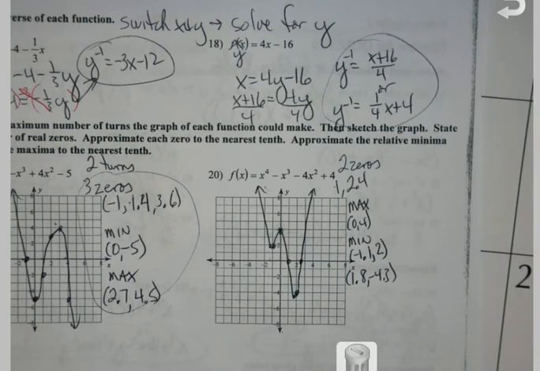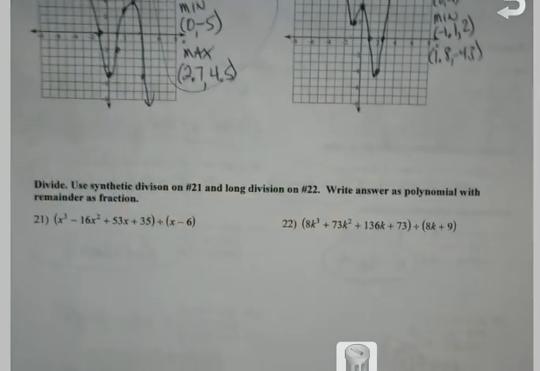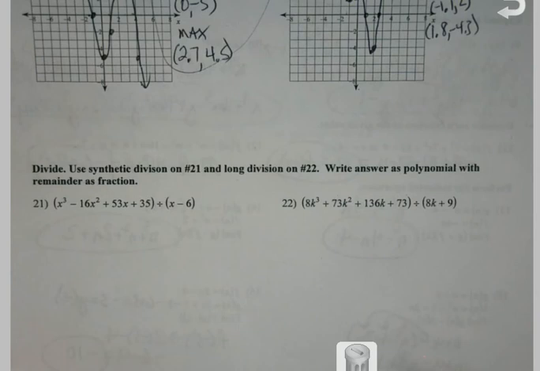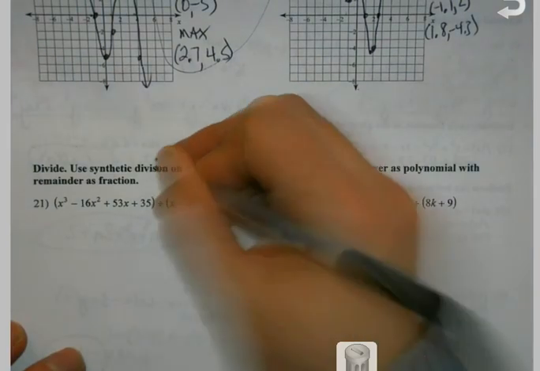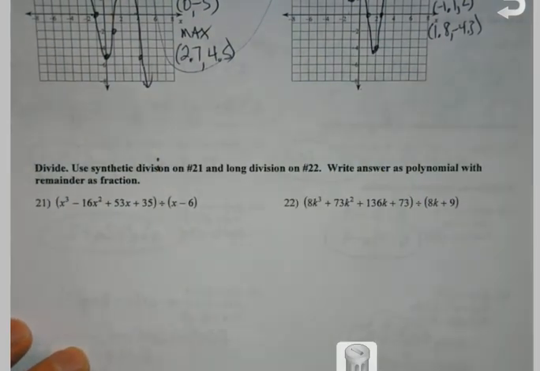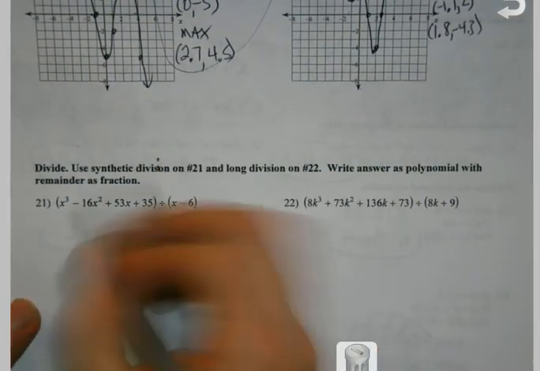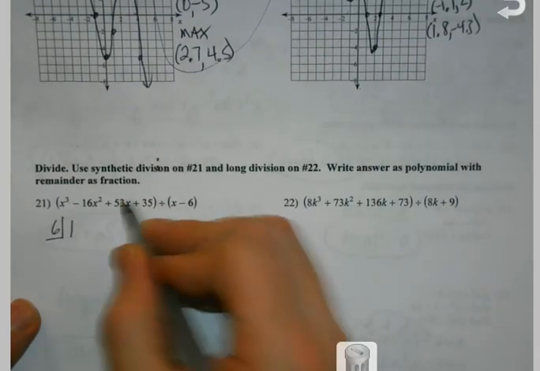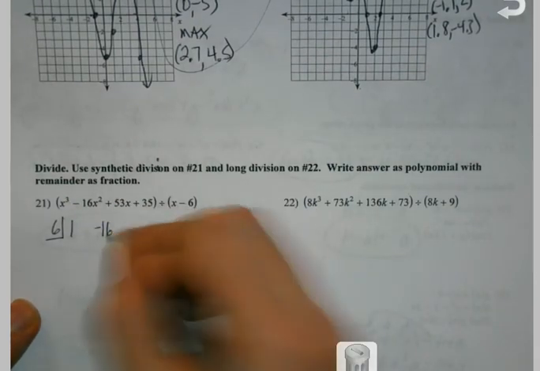And then finally, we have down here at the bottom, use synthetic division on 21 and long division on 22. So synthetic division, remember to change your sign before you get to the box there. I have no holes this time.